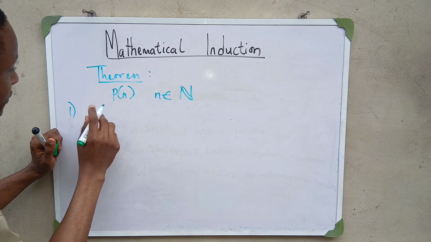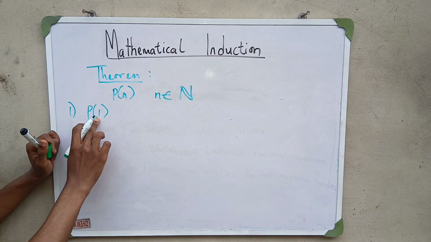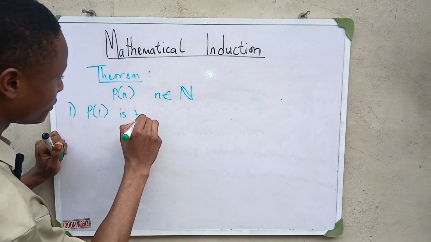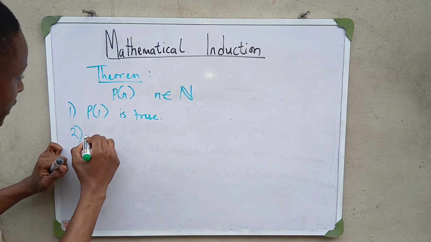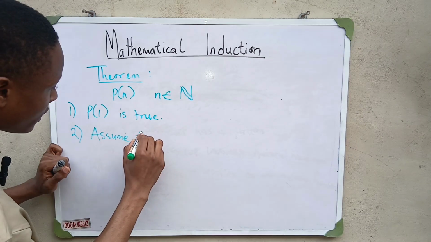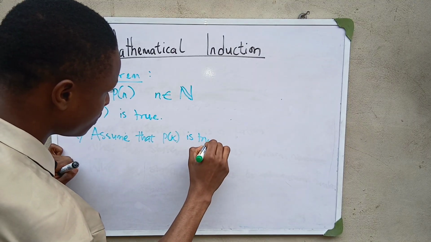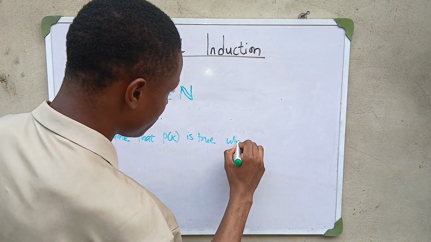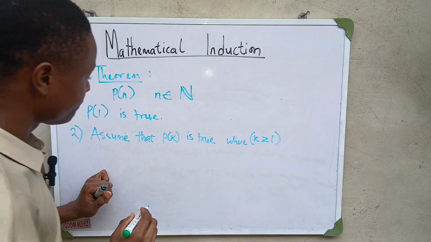So we prove that this statement is true by first testing that P of 1 is true. The second step that we follow is that we now assume that P of k is true where k is greater than or equal to 1.